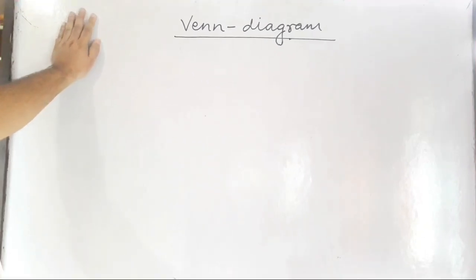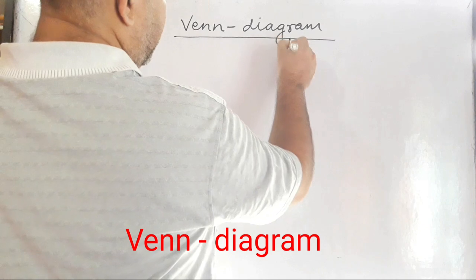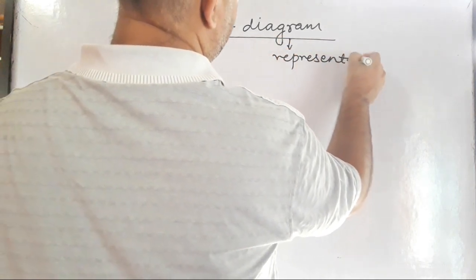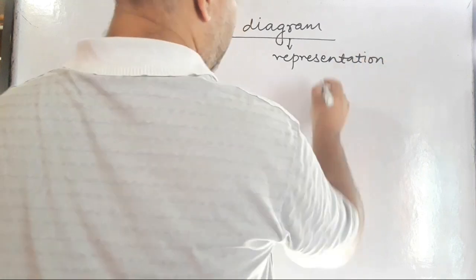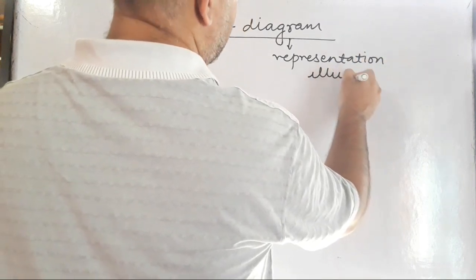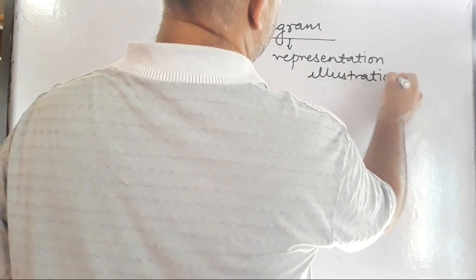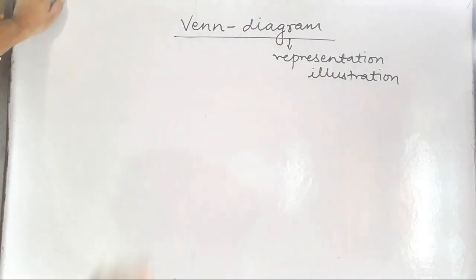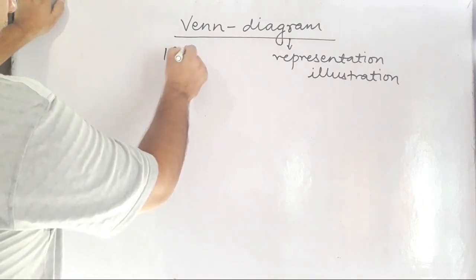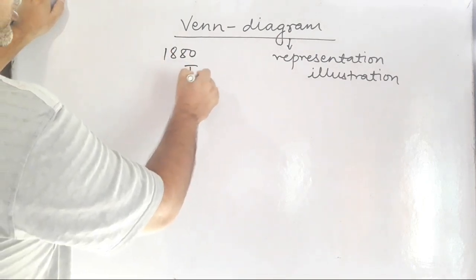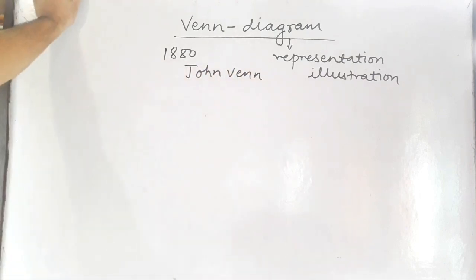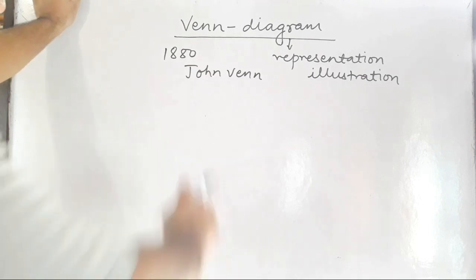Venn diagram. As we know, a diagram means the representation of anything, or you can say it is also the illustration of anything. The diagram illustrates something. In 1880, a mathematician called John Venn established a method of writing a set in the form of a circle.